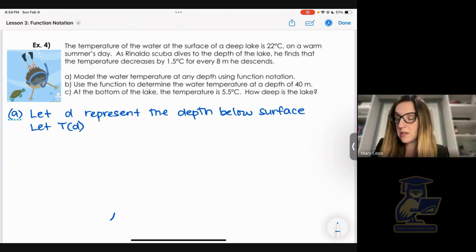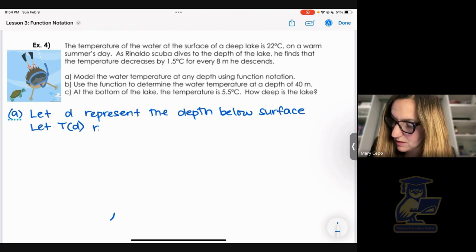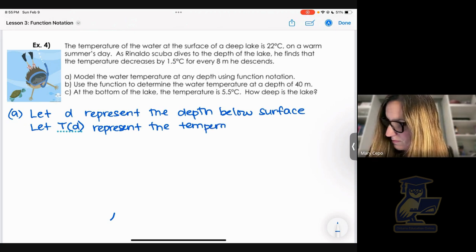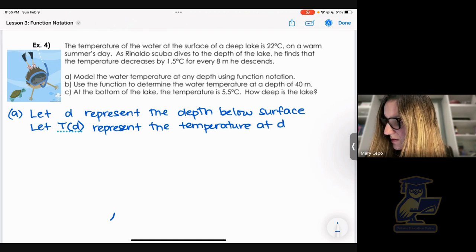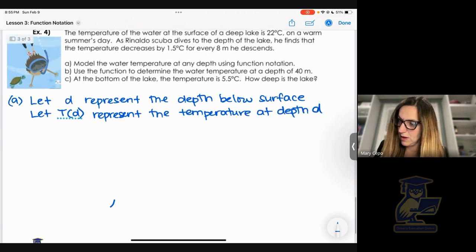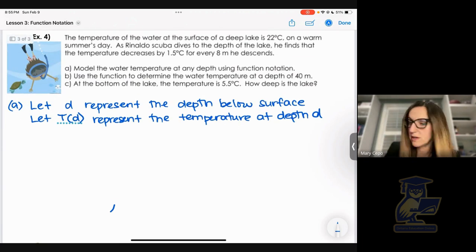And we are going to then express T at D, our function, to represent our output, the temperature at depth D.